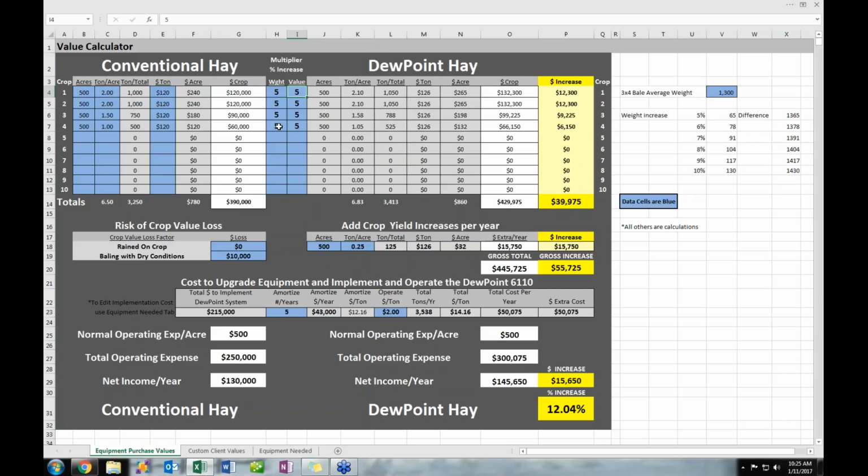A lot of it still depends on the operator, their raking practices, how they rake hay, and who the baler operator is. So weight is definitely a value added factor that the dew point machine is capable of doing.